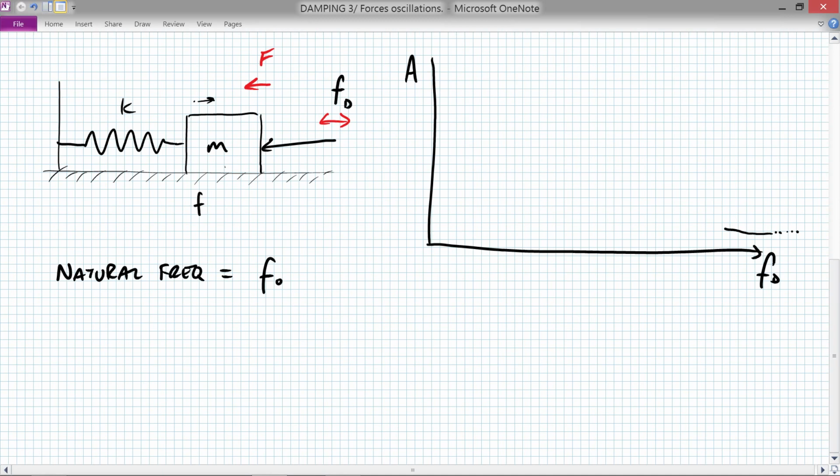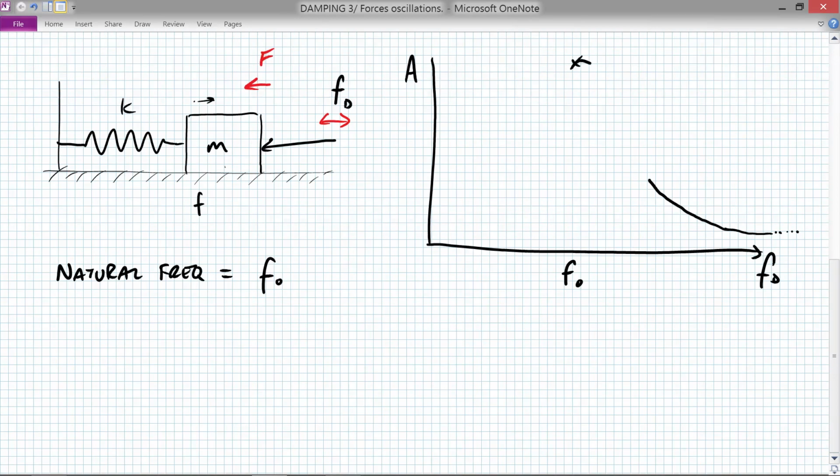But as I turn it down, that's going to increase, because I'm going to allow it more and more to oscillate. It has more time to actually do what it wants to do. So this is going to increase, and actually it will reach some maximum here, and that maximum corresponds to the natural frequency of my system. So I'll just draw that a bit neater.